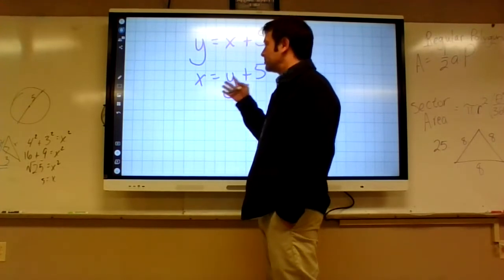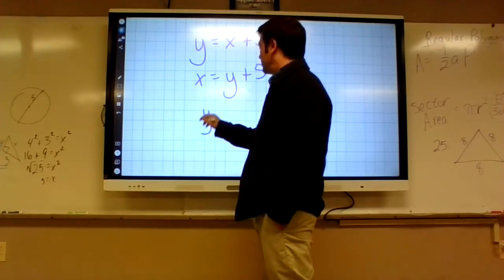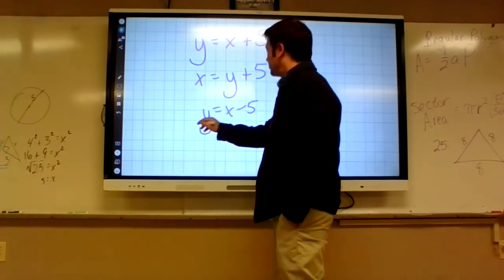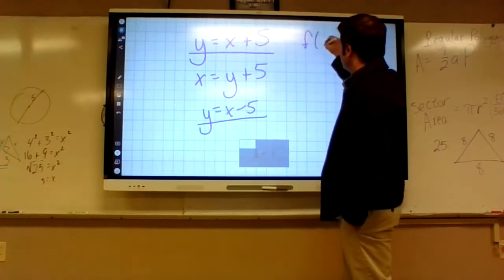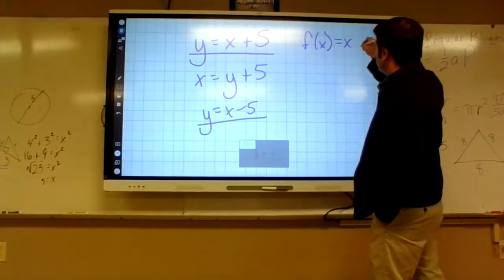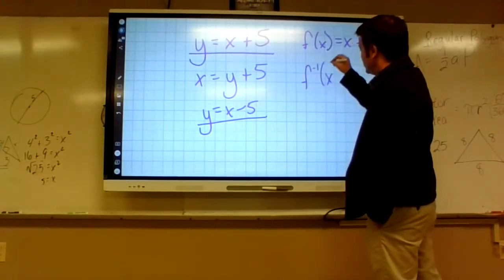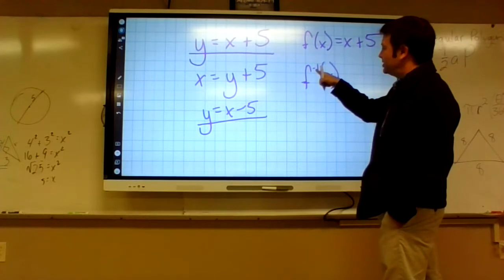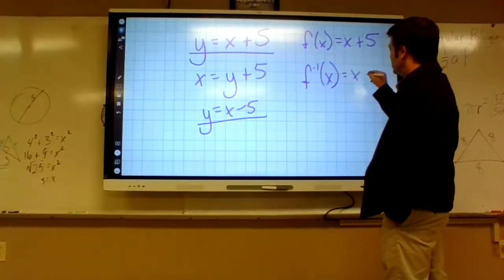And you might solve for y, so subtract the 5: y equals x minus 5. So this and this are inverse functions. Function notation would look like this: f of x equals this, and this little -1 means f inverse, the inverse of f.